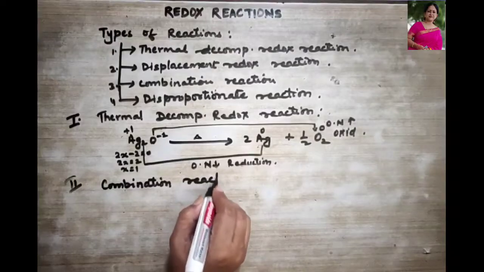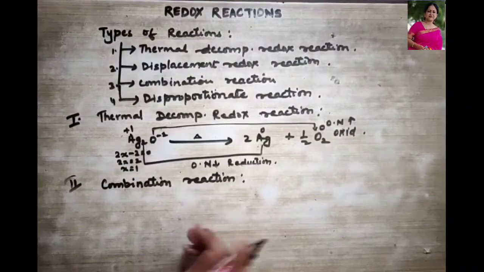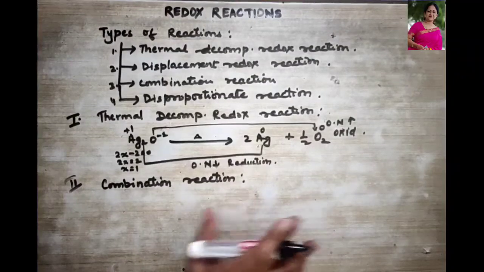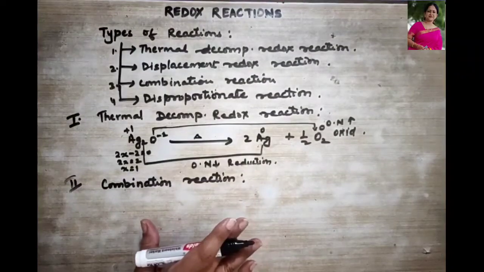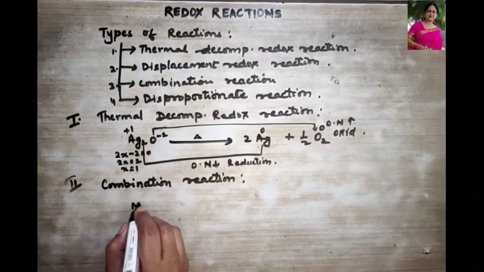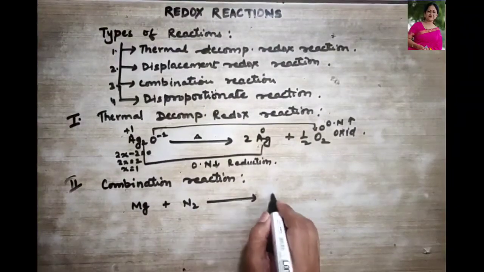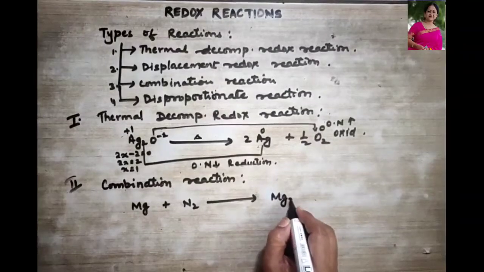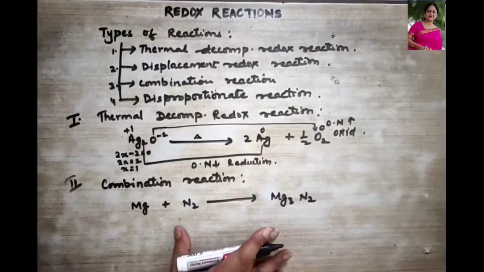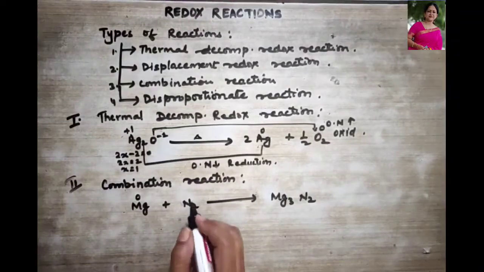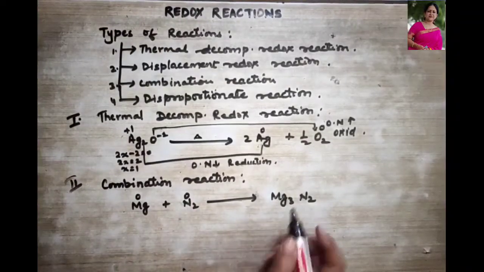Okay, so let's come to combination reaction. You already know what a combination reaction is. When the reactants combine to give us a single product, then they are termed a combination reaction. Let's take an example. Magnesium when combined with nitrogen gives us magnesium nitride. Does it show redox reaction? Let's see. Oxidation number 0, oxidation number 0.